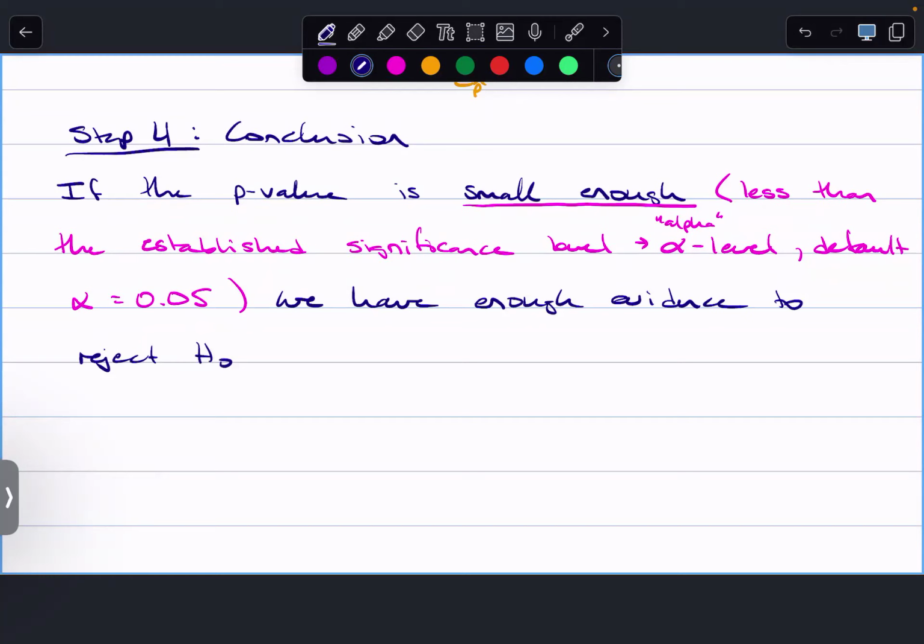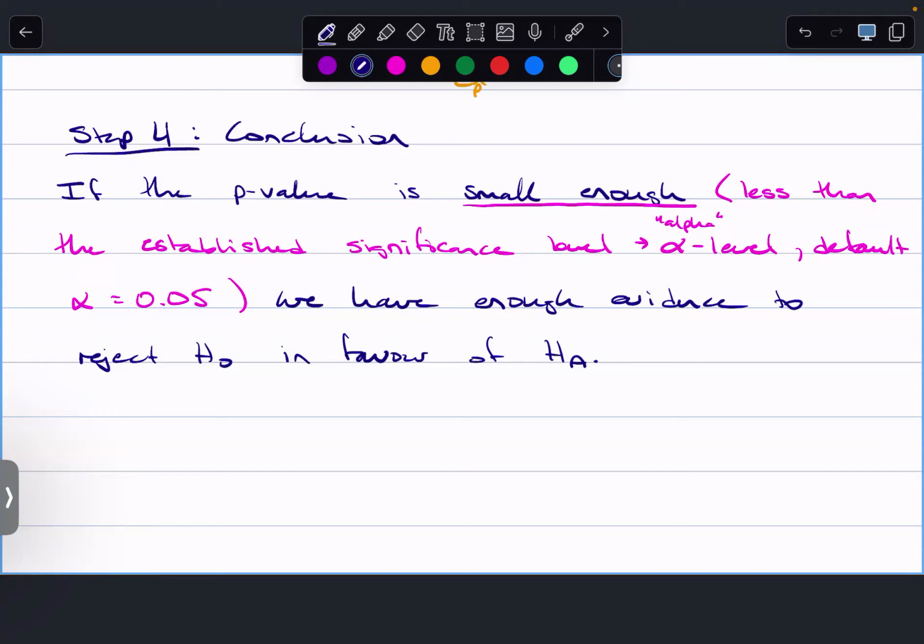If you're rejecting H naught, then you should say in favor of HA. And then, of course, you state your conclusion in terms of the question.